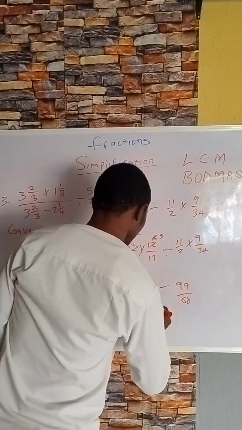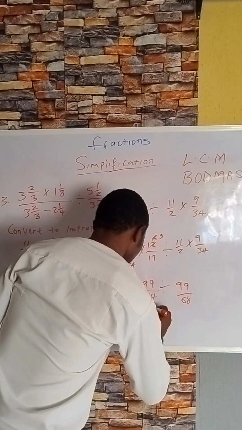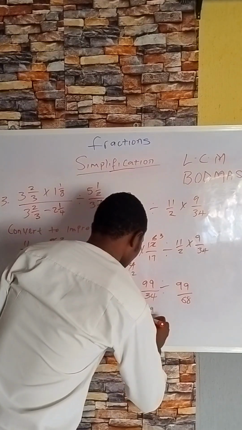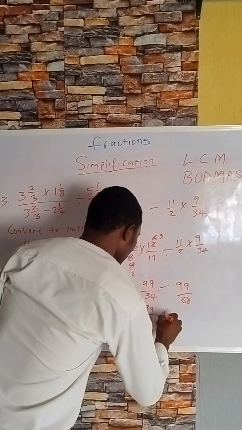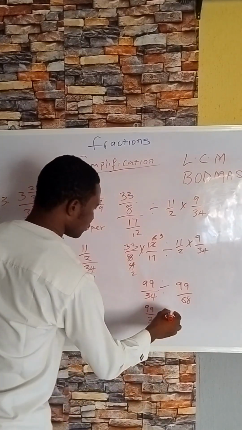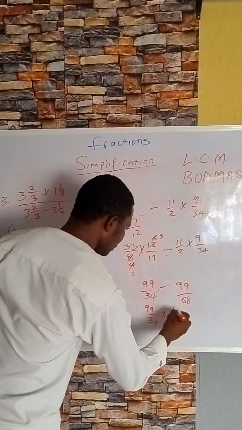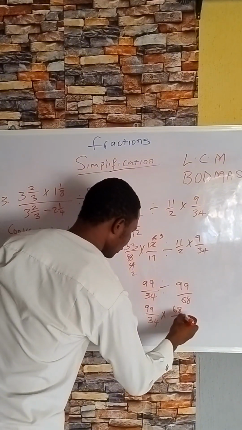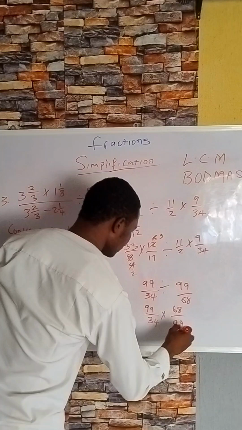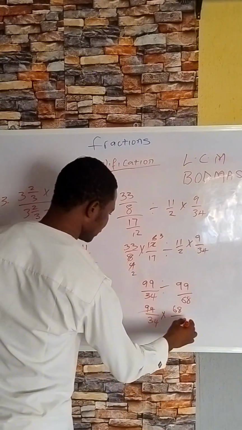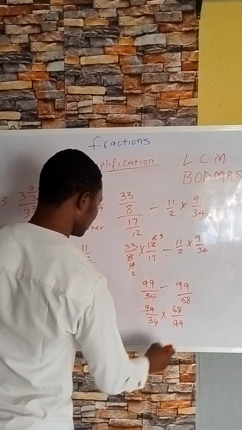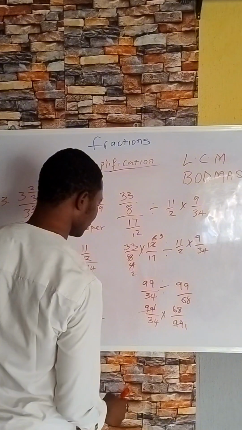So this will become 99 over 34 multiplied by 68 over 99. So 99 can cancel 99, right? And it will leave us 1 and 1 here.